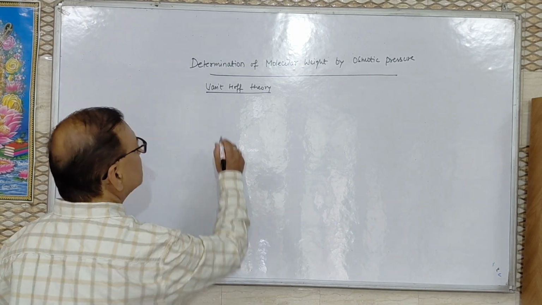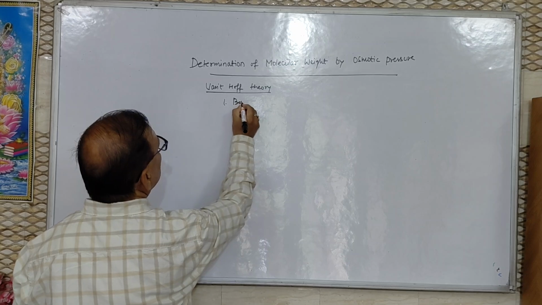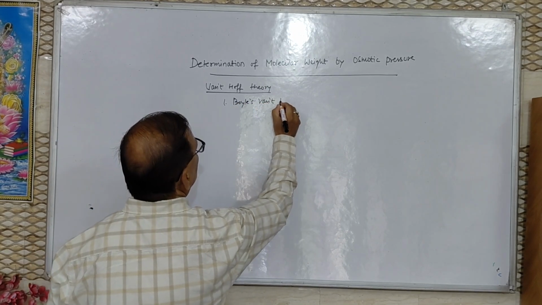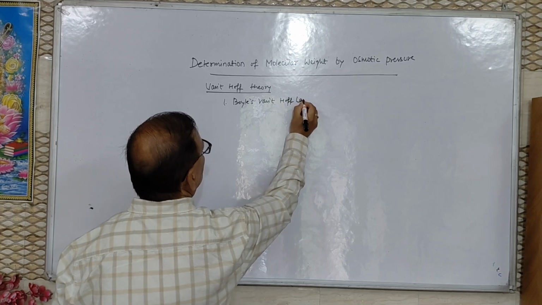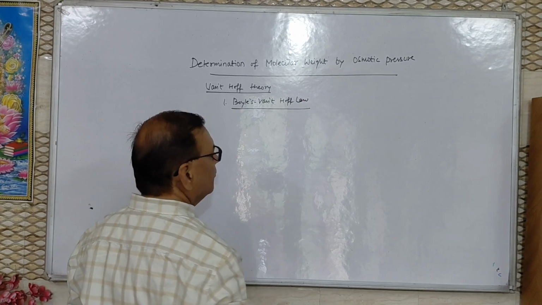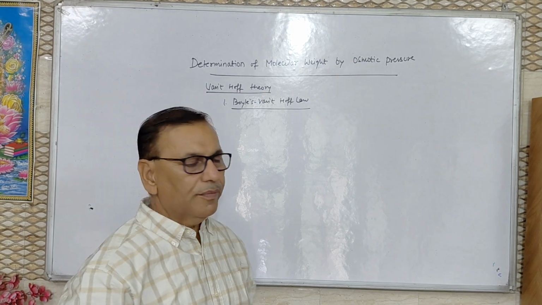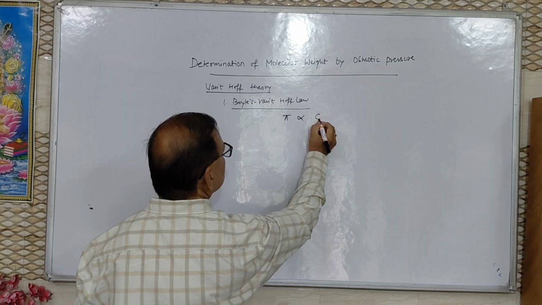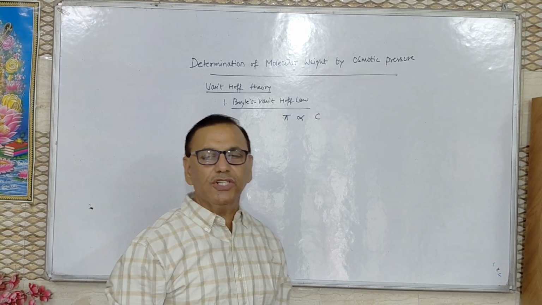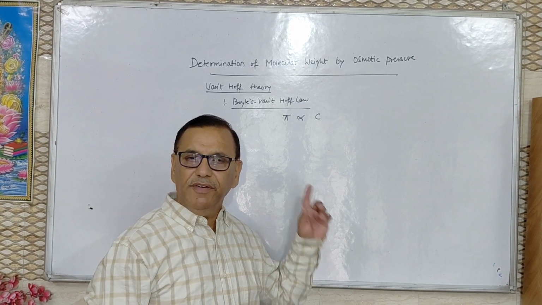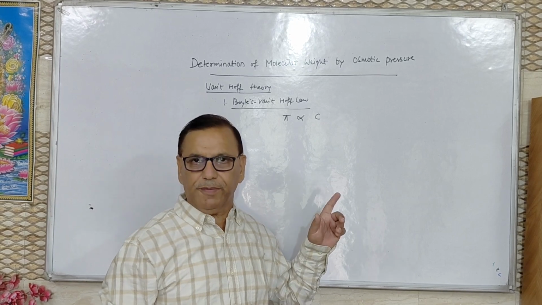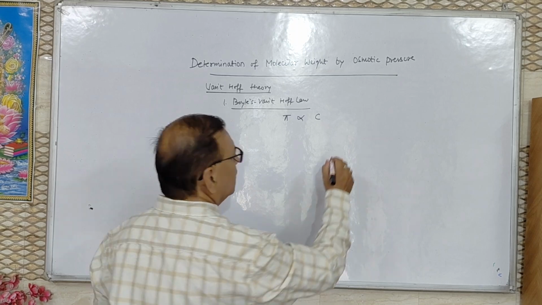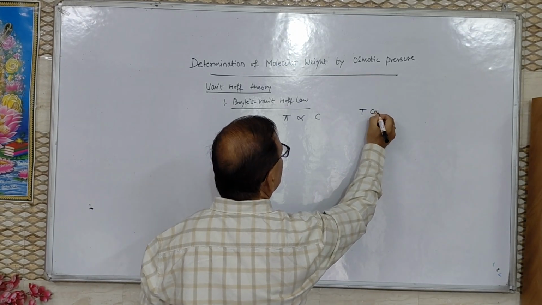The first point is Boyle's Van 't Hoff law. According to this law, osmotic pressure is directly proportional to the concentration of the solution, where pi is representing the osmotic pressure and C is the concentration of the solution, when temperature remains constant.